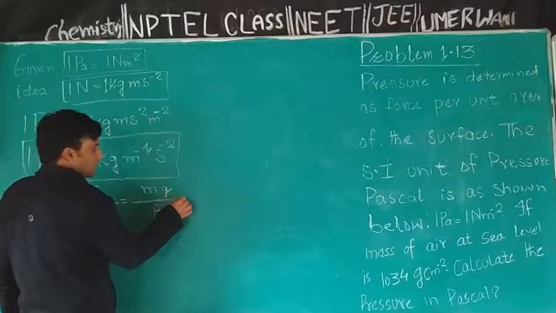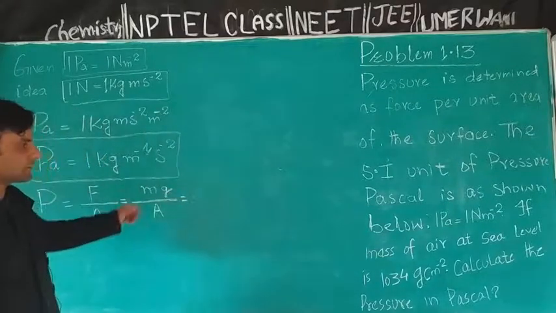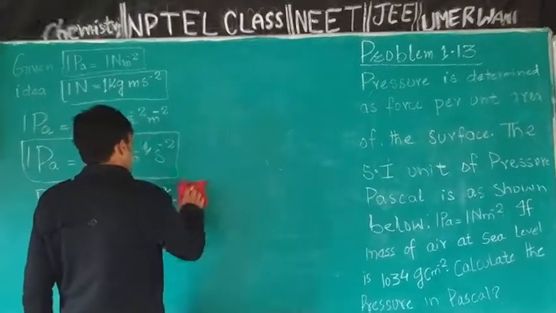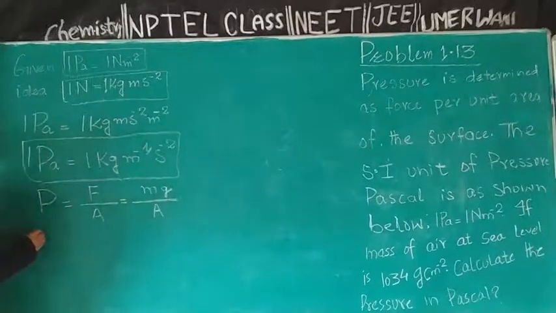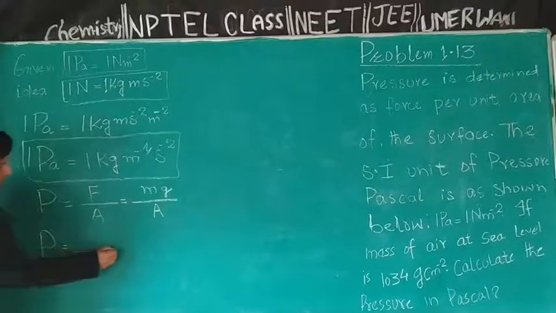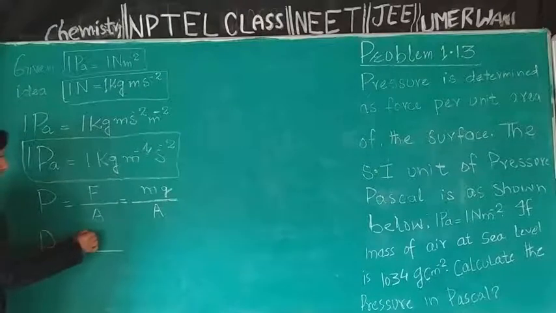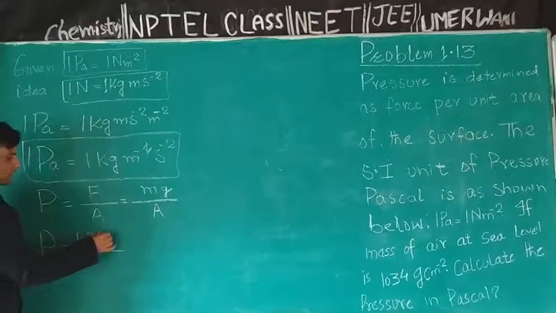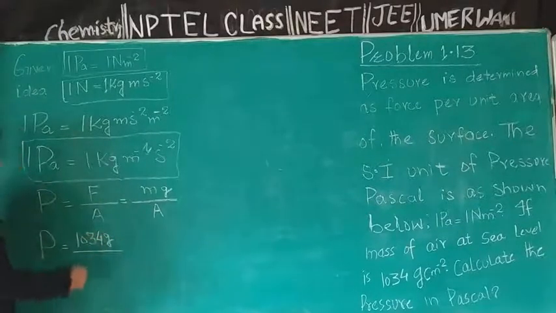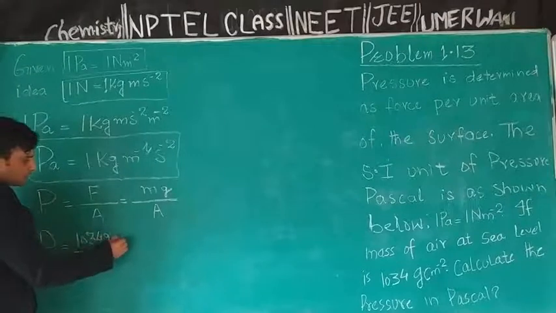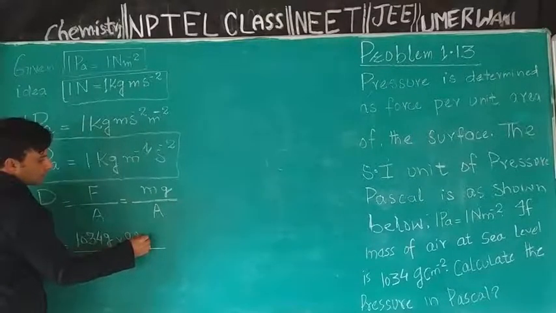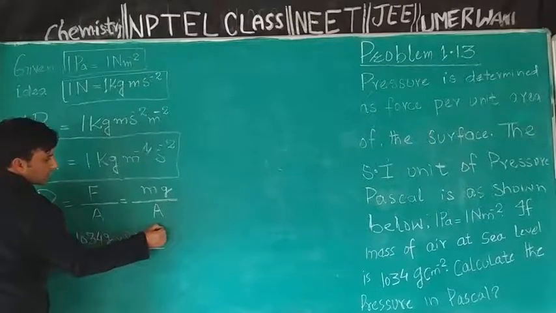Mass of air is given as 1034 gram, acceleration due to gravity we know is 9.8 meter per second square.